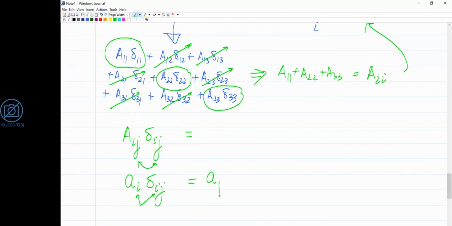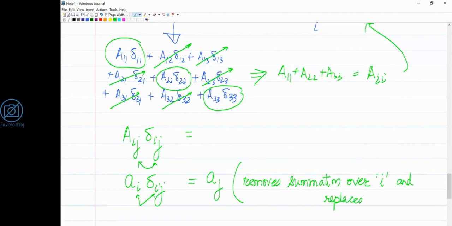So this becomes simply a_j. So what it has done is it removes summation over i and replaces i with j, which is the other index of Kronecker delta.